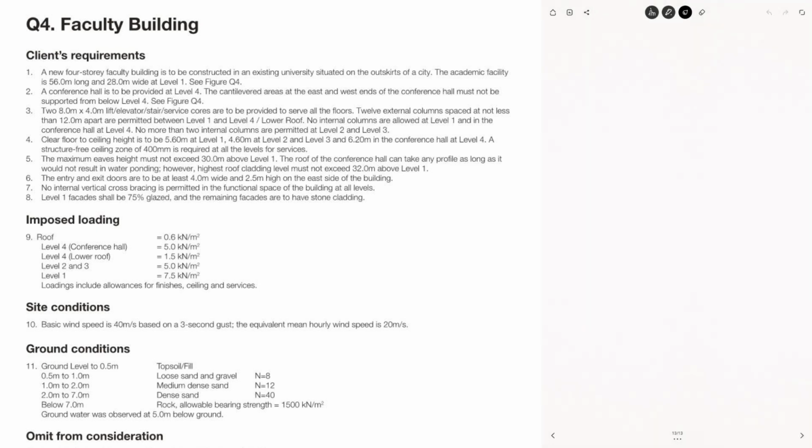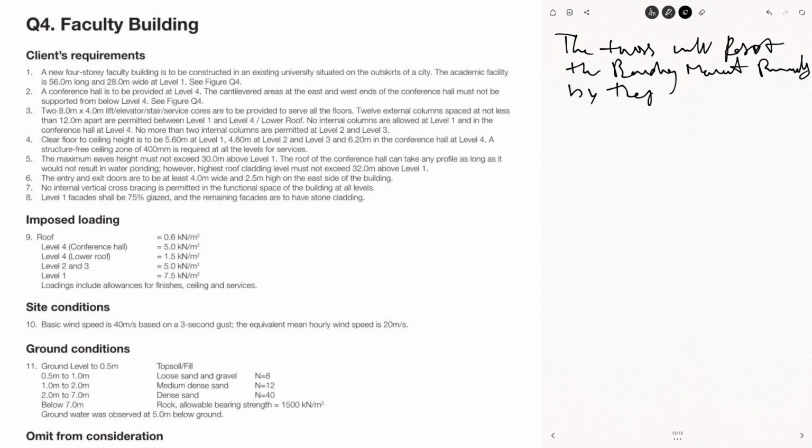And what is actually the most important part of the truss is that the truss will resist the bending moment primarily by the top and bottom chords in axial forces.